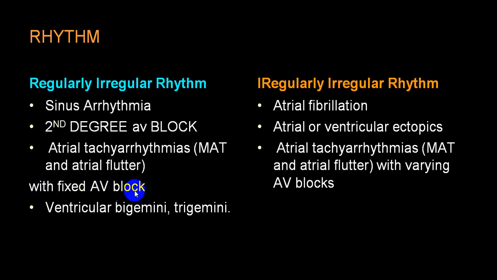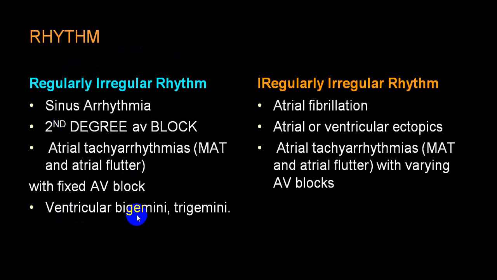And if there is a fixed AV block, say like 2:1 block or 3:1 block, then it can be regularly irregular. But by and large, in that fixed block, it is nearly regular interval between the two RR.